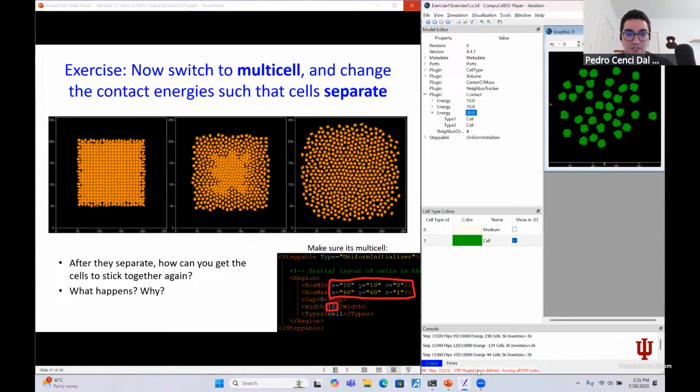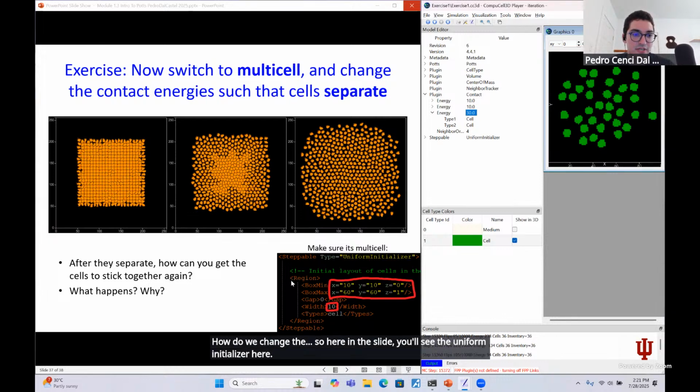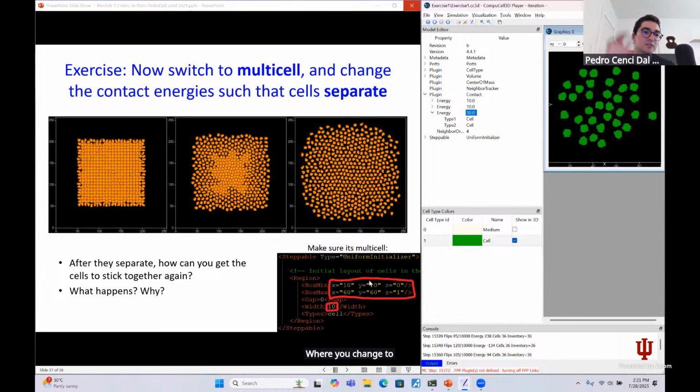So here in the slide, you see the uniform initializer, where you specify the location where you create the cells, and so on. If you just increase the box, like 10 to 60, for example, with a width of 10, you have, in this case, 25 cells.